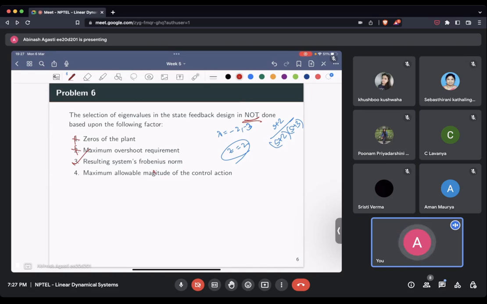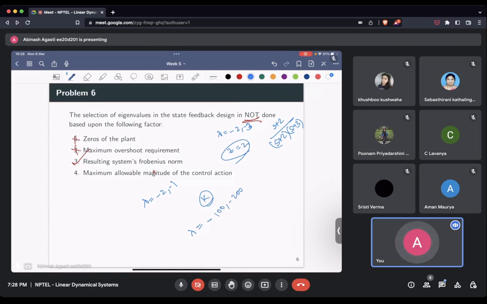Suppose there is a system with natural eigenvalues at -2 and -1 without any control. But let's say I put in a control, the K matrix, such that my new eigenvalues are -100 and -200.